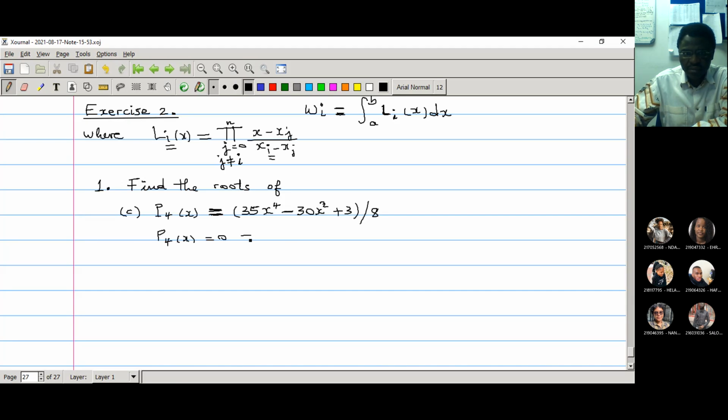Obviously, this is equivalent to 35x to the 4th minus 30x squared plus 3 equal to 0. Now, from here, what do you do? How do you proceed from here? What is the next step from here? Say, what about the 8?